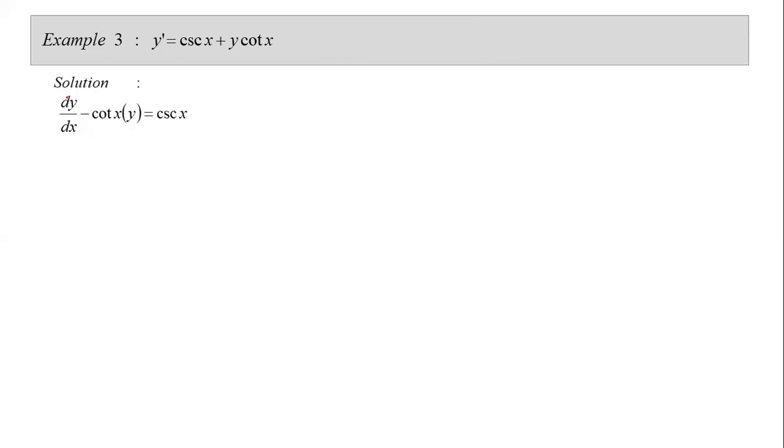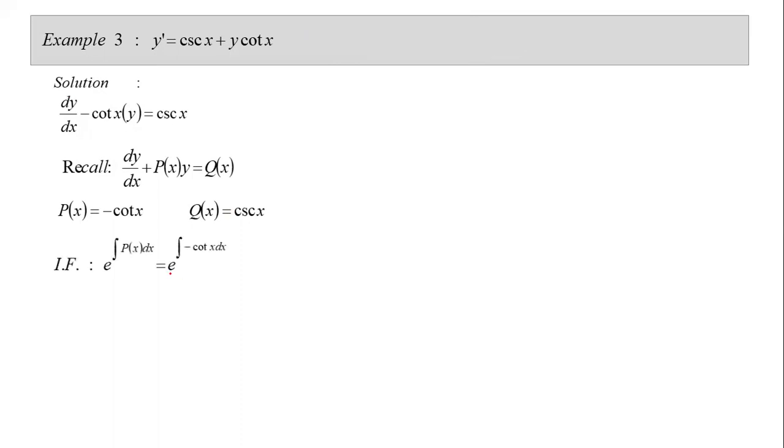And then you can now see that p of x equals negative cotangent of x, and q of x is cosecant of x. Okay, and then the integrating factor is e raised to the integral of negative cotangent of x dx. And you know that the integral of cotangent of x dx is simply ln of sine x.